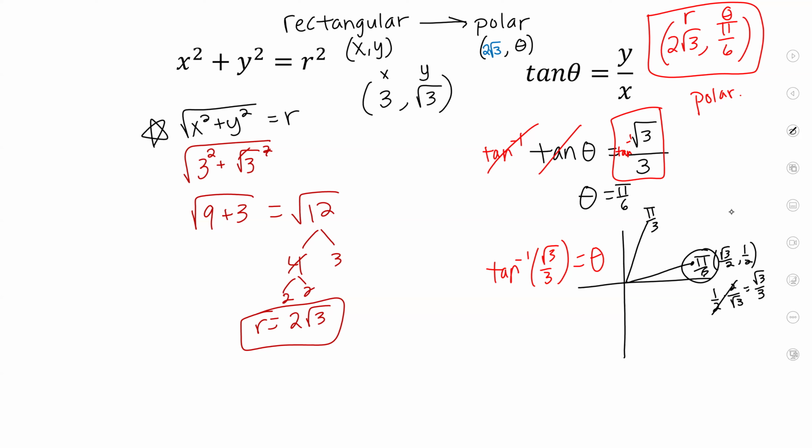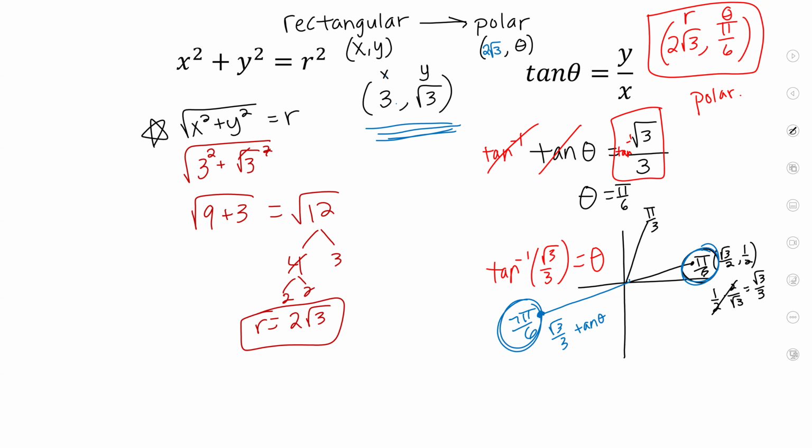Also, guys, just one more comment. This coordinate right here is 7 pi over 6. This also would give you square root of 3 over 3 for tangent. Do you guys know why I chose pi over 6 instead of 7 pi over 6? Right, it can't be in the third quadrant because look at the original x and y.